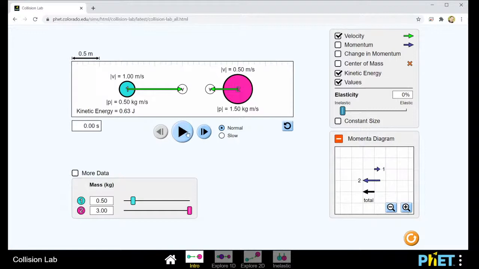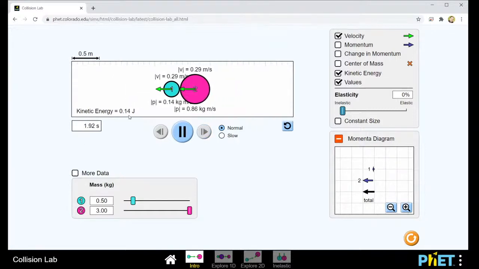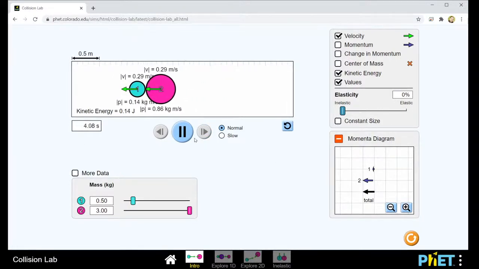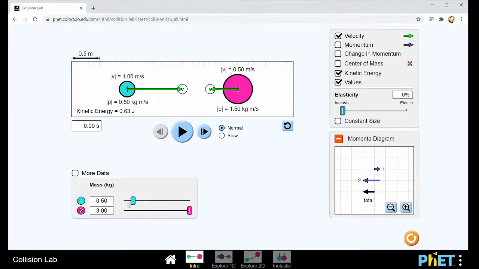So I want to show you that in the case of the inelastic collision, energy is not conserved. Energy drops. Let me reset things here, and let's set up one of those situations.